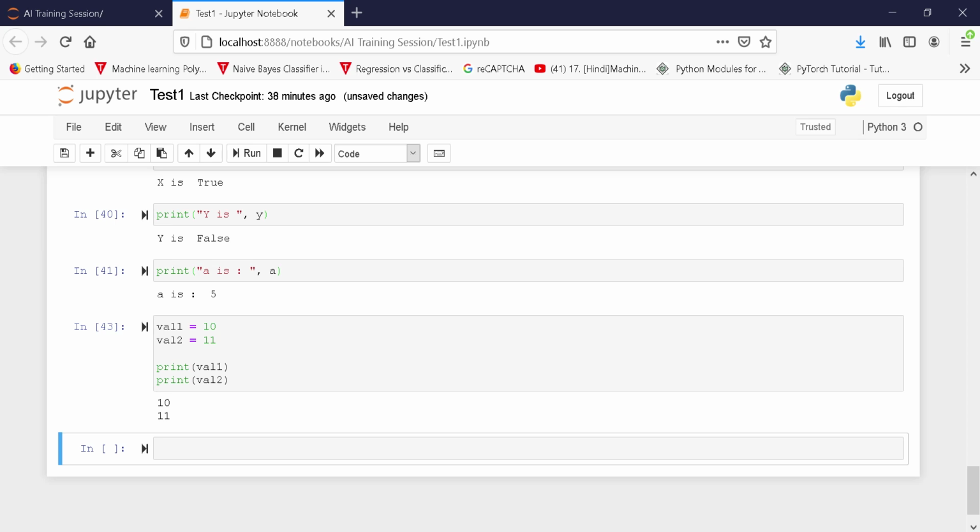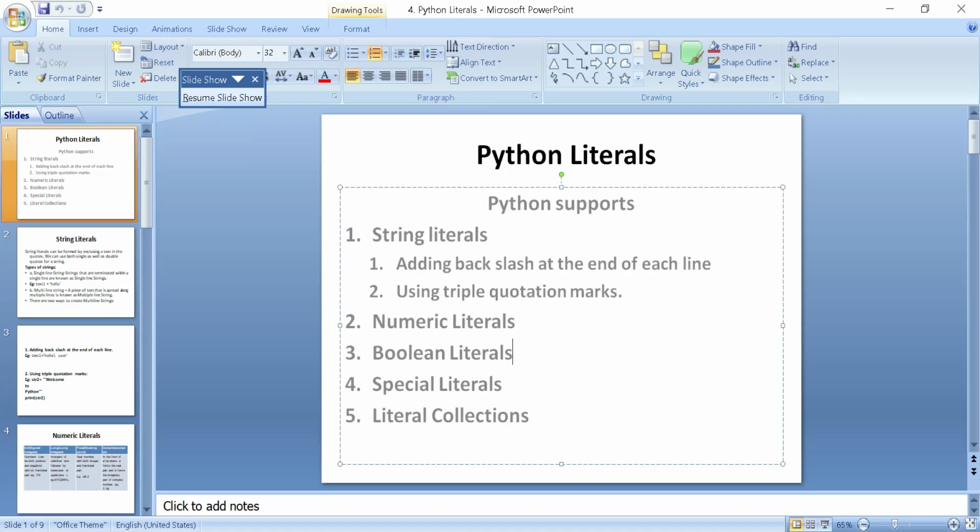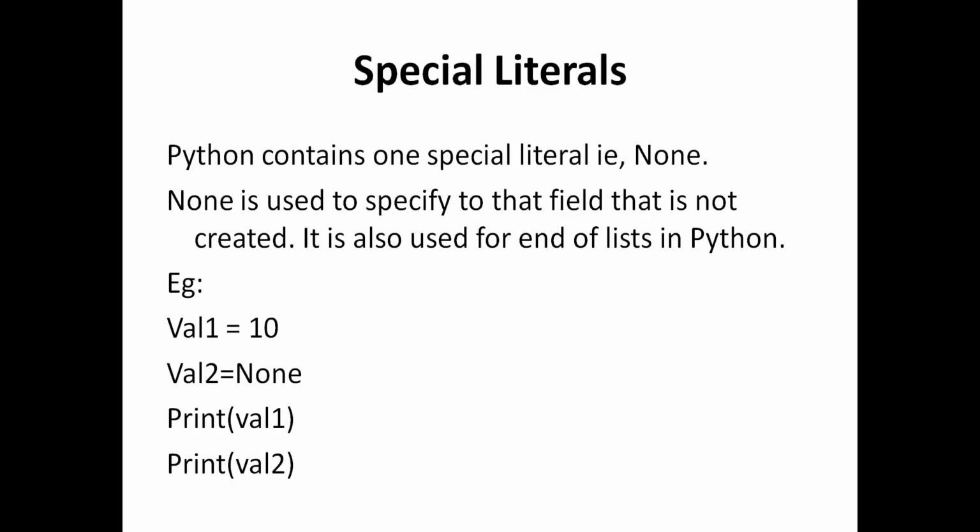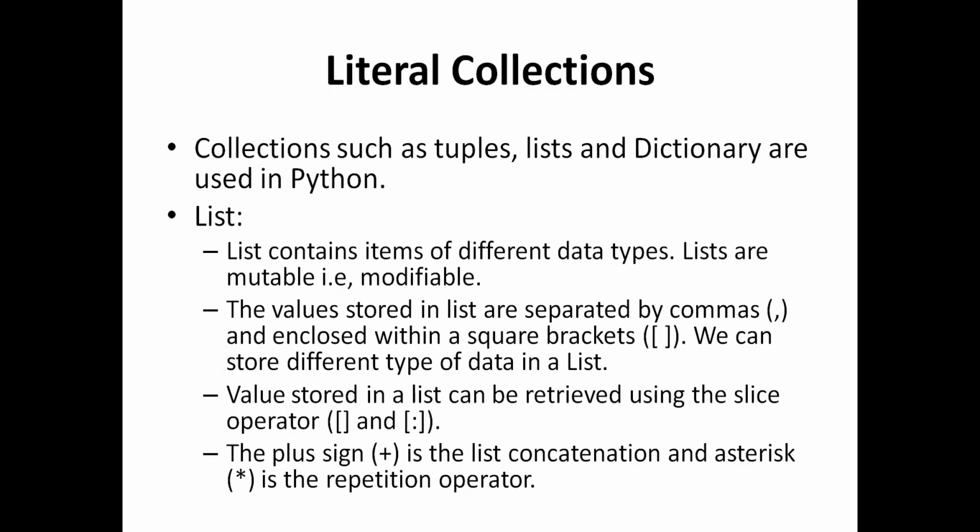Literal collections. Now we'll move on to the next point, that is literal collections. Collections such as tuples, lists, and dictionaries are used in Python. The list: a list contains items of different data types.